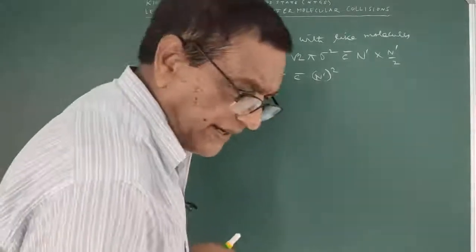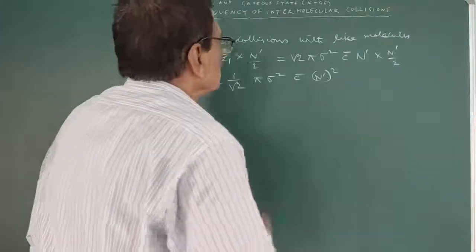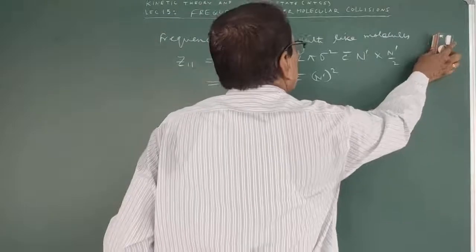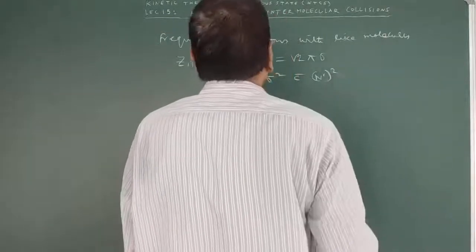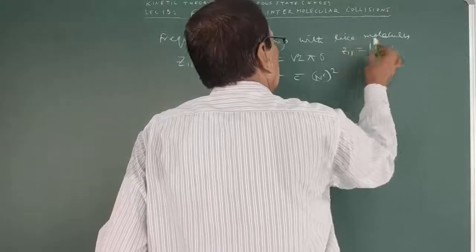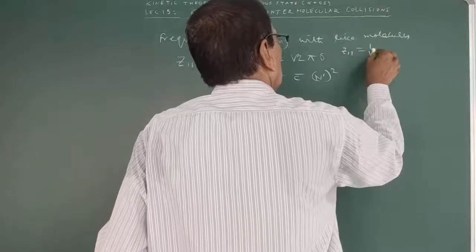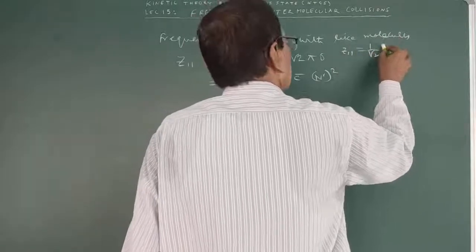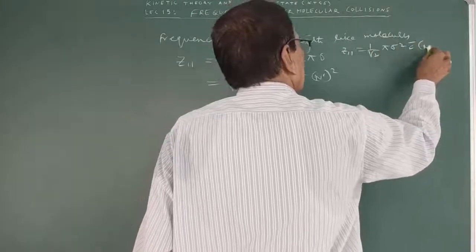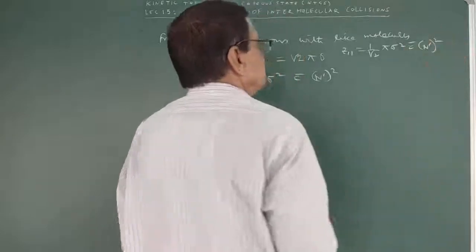So I can write Z11 equals 1 by root 2 pi sigma square c bar n dash square.